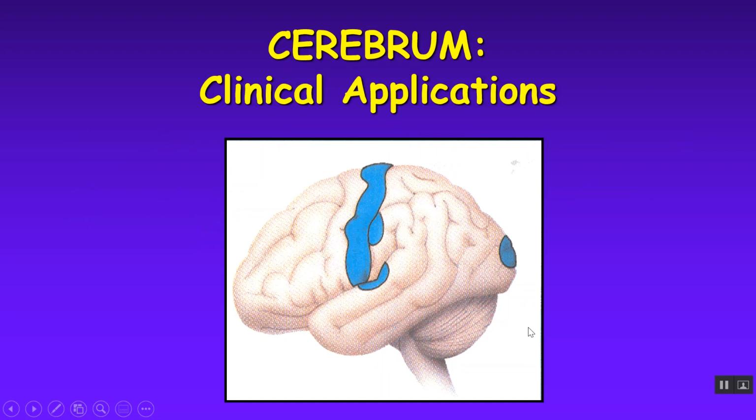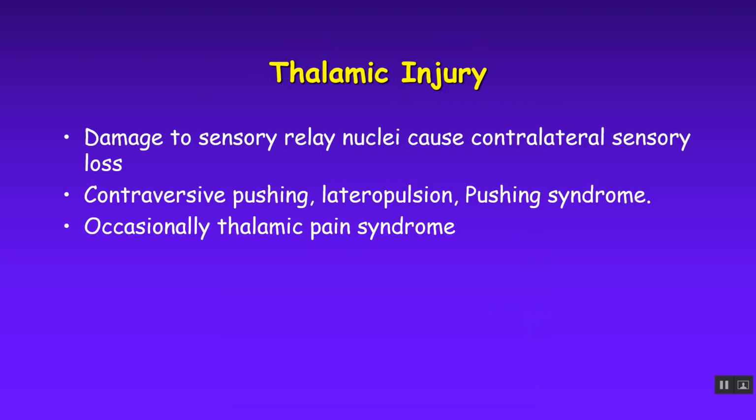So we're just going to go through some clinical applications when you have injuries or damage to certain regions of the brain in the cerebrum, how that looks clinically and how that affects us as physical therapists. Thalamic injuries are relatively common because of stroke. There are deep penetrating branches off your middle cerebral artery that go to your thalamus.